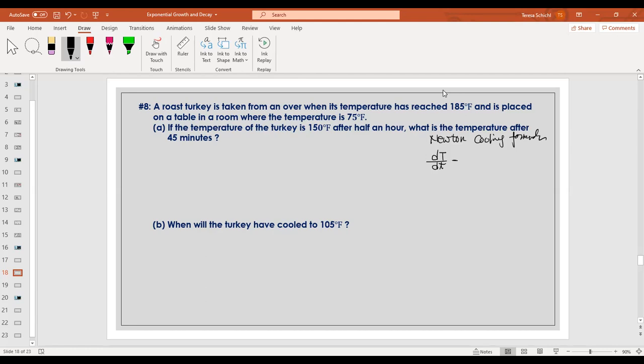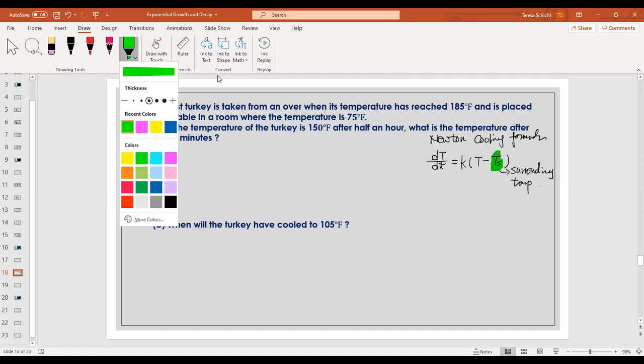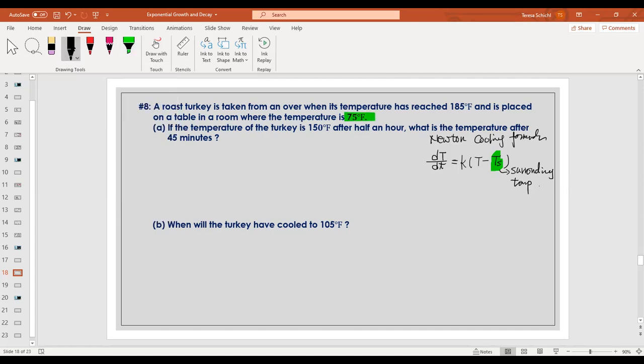So Newton's cooling formula is telling us this will be equal to k times (T minus Ts). So what is your Ts here? The Ts is what we call the surrounding temperature or the room temperature. Like for this problem, it says the room temperature is 75 Fahrenheit, right?